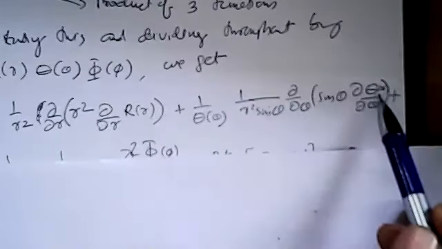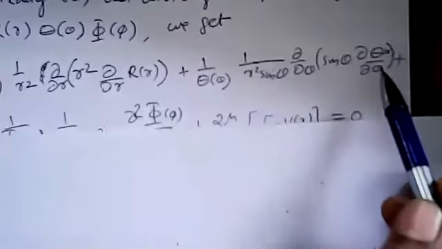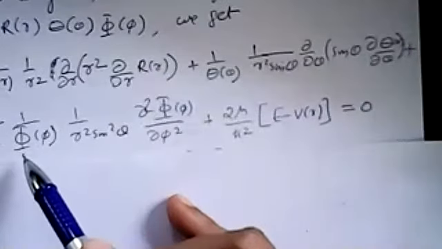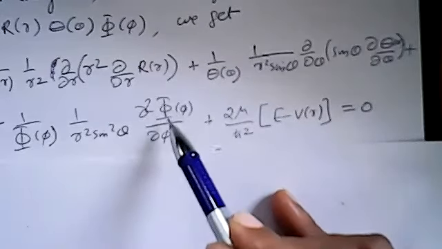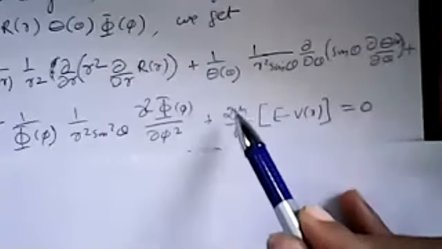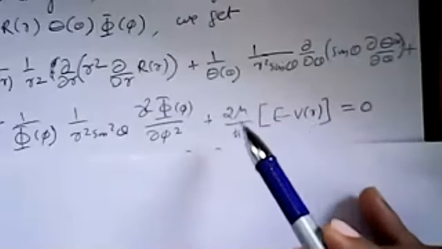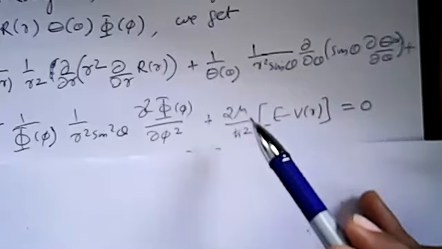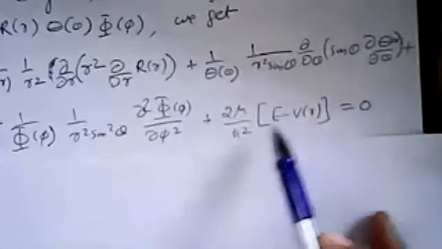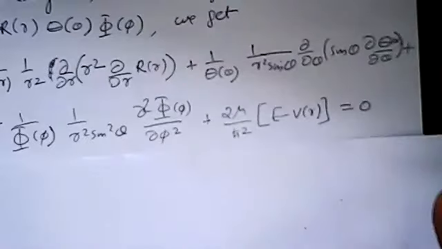Then here also theta comes. Now the third term, 1 by phi remains here, then the phi remains here. Plus here all the 3 cancel. For the last term, the fourth term, capital R, capital theta, capital phi cancel. So the Schrodinger equation becomes like this.